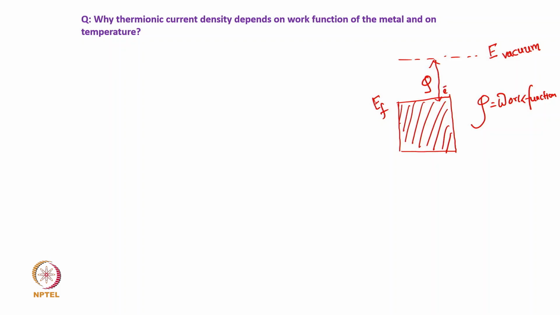So, that is the work function. So, it is clear that if the work function of the material is high, it will be difficult to take out one electron from the Fermi level. If the work function is low, then the emission will be enhanced. So, that means the current density increases if we decrease the work function.